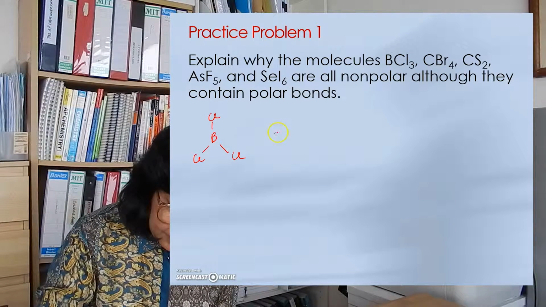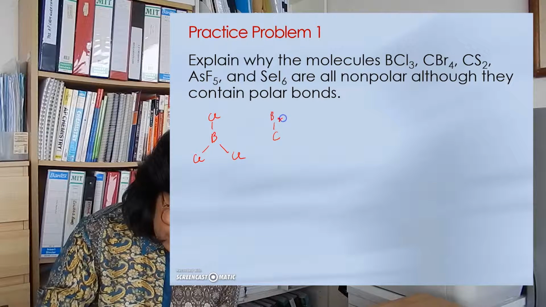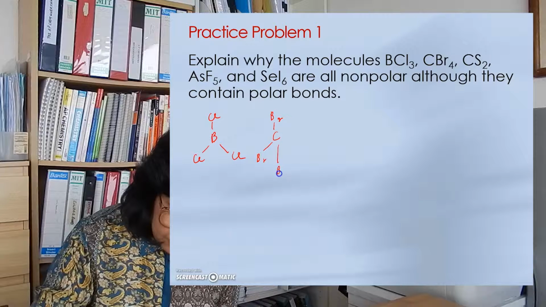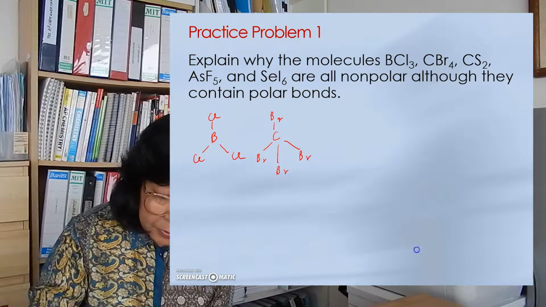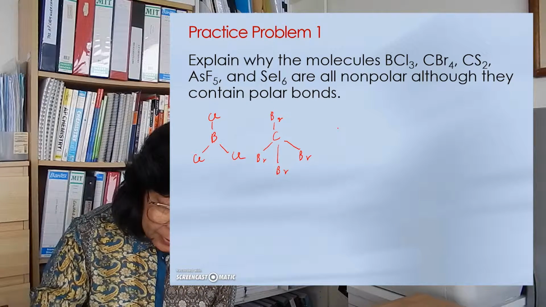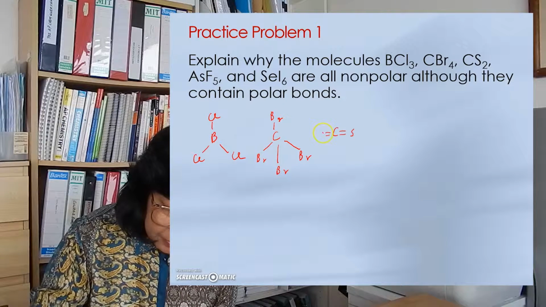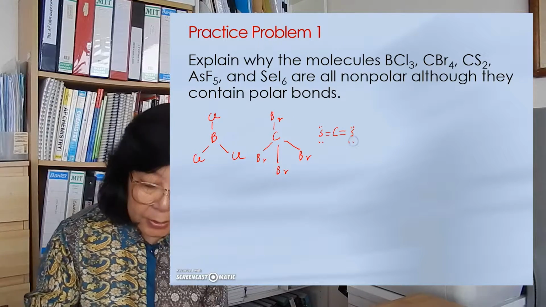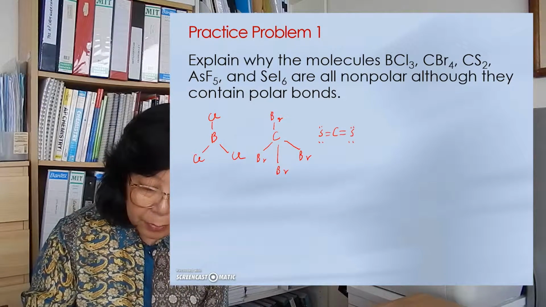Now with carbon tetrabromide, we have a tetrahedral shape, and again all the bond dipoles will cancel out each other, resulting in a nonpolar molecule. With carbon disulfide, this is linear in shape with two double bonds on both sides of the carbon atom, and because the bond dipoles cancel out each other, this will be a nonpolar molecule.